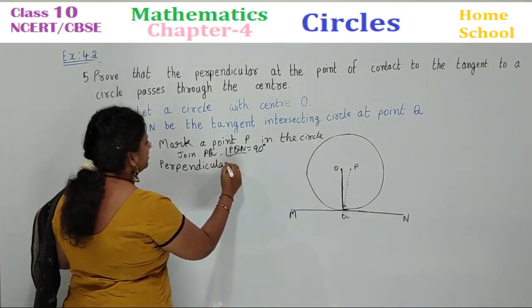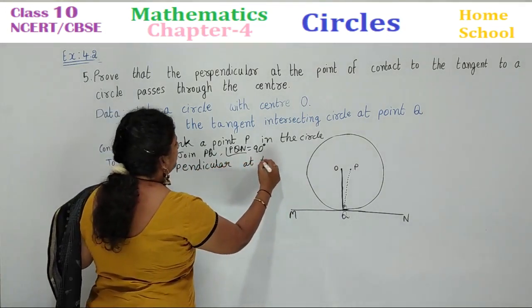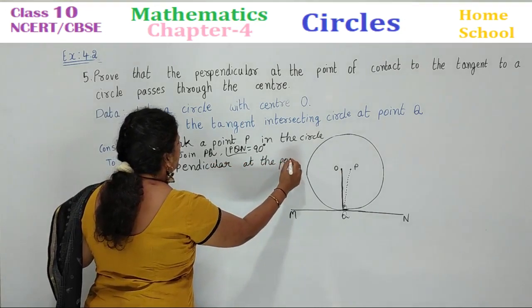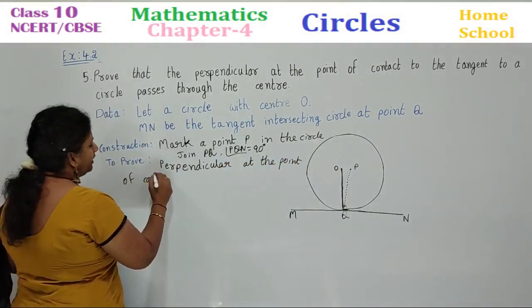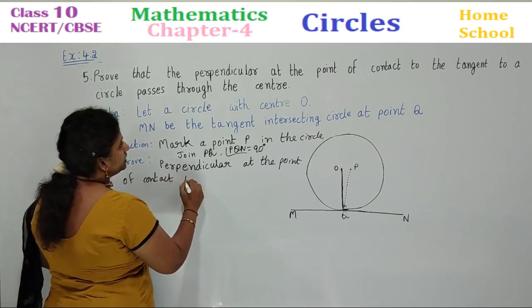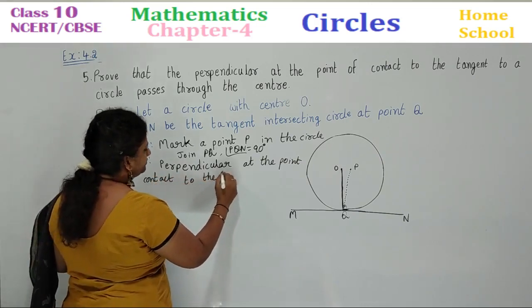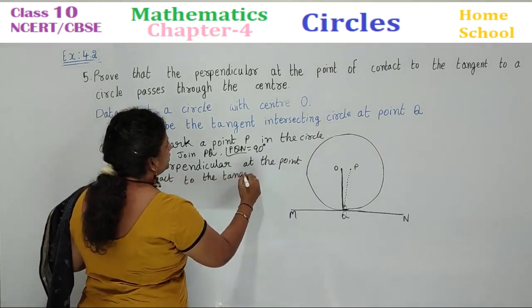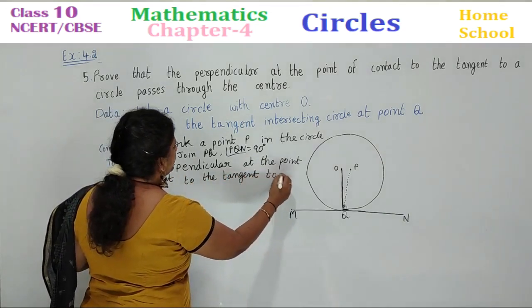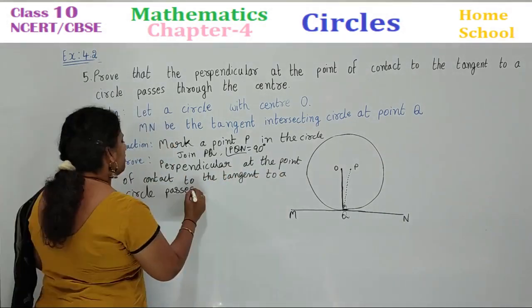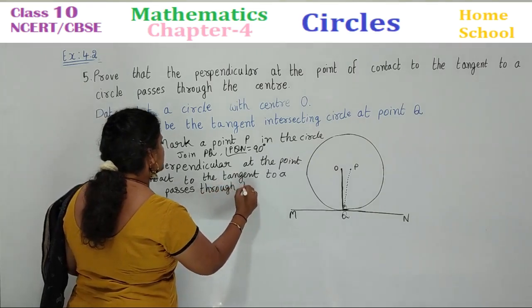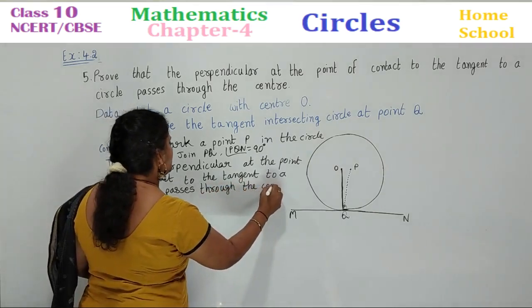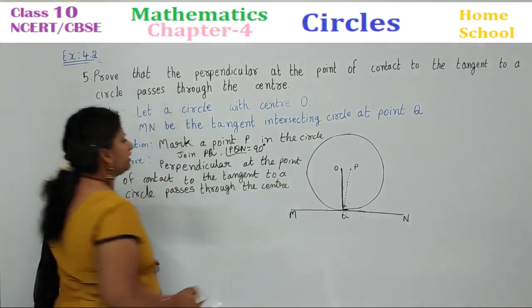So, directly I write here, perpendicular at the point of contact to the tangent to a circle passes through the center. I need to prove this much. Passes through the center. Okay.